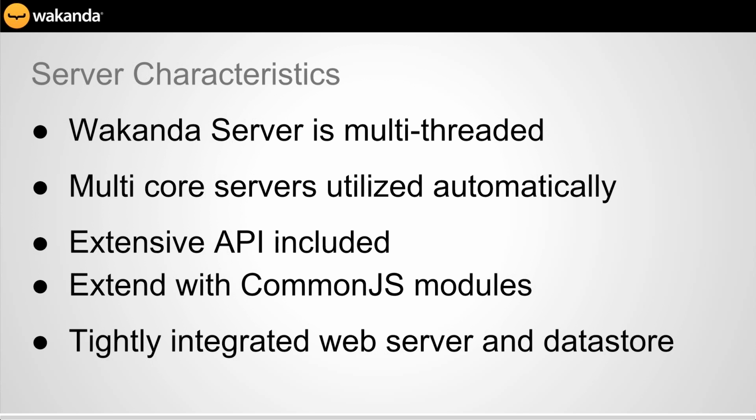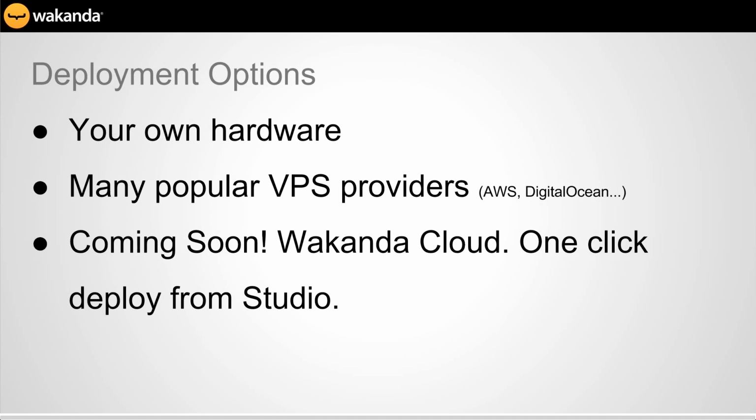It does work with CommonJS modules, so there is the option to extend with those. And one of the things that we really like is that the server side is very tightly integrated. So easy to use, in fact, that I think it's a good competitor for a lot of these backend as a service offerings, except that you own your back end when you use Wakanda.